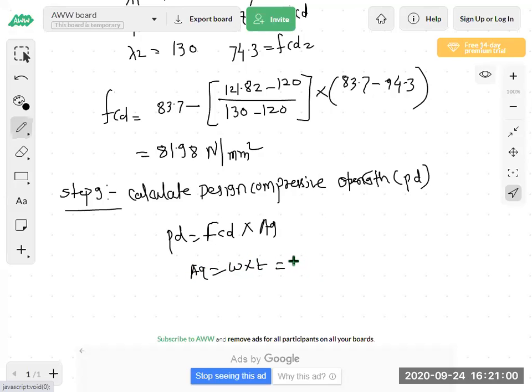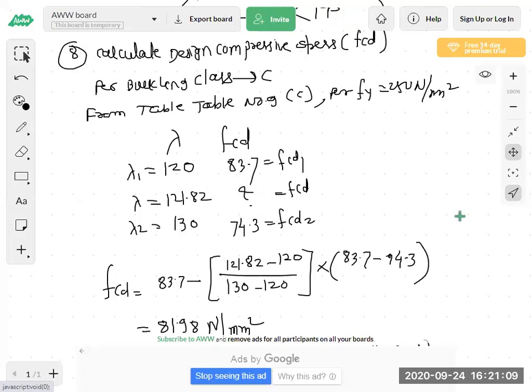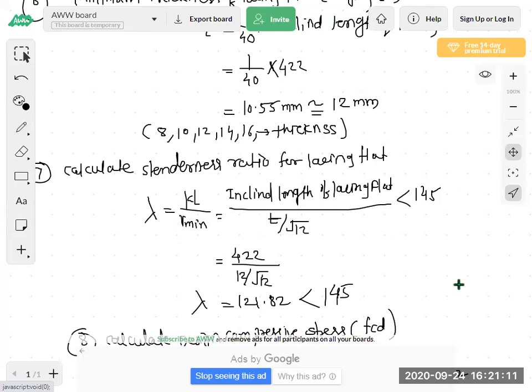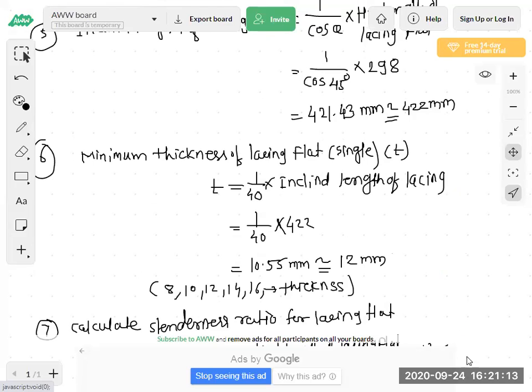So width we have assumed how much, or not assumed? Did we assume? No, sir.